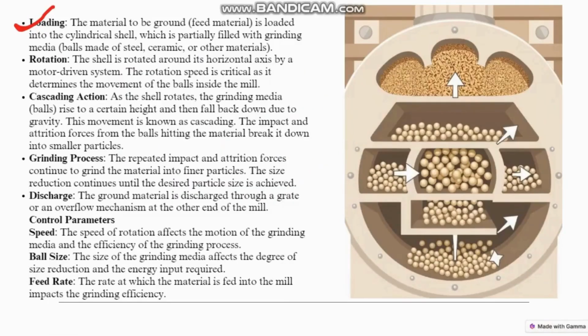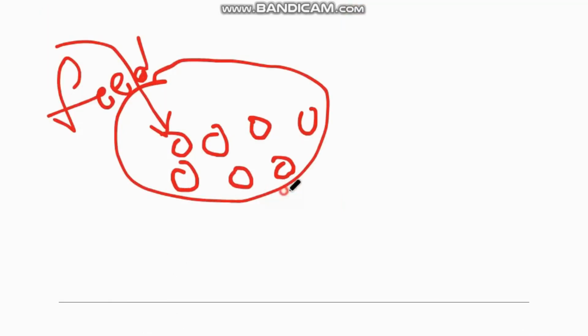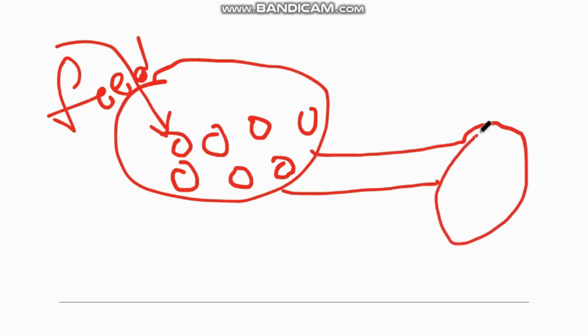The next one is rotation. The rotation is a very important step, and this cylindrical shell is connected to a driving system, or it is driven by the motor. Here is the motor which can cause the rotation of the cylindrical vessel.